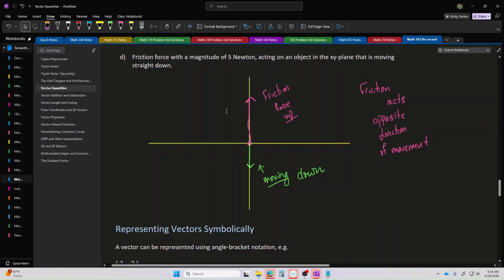And then the magnitude of this force, we are told, is 5 newtons. So 5 would be the length of this friction force vector that we've drawn.